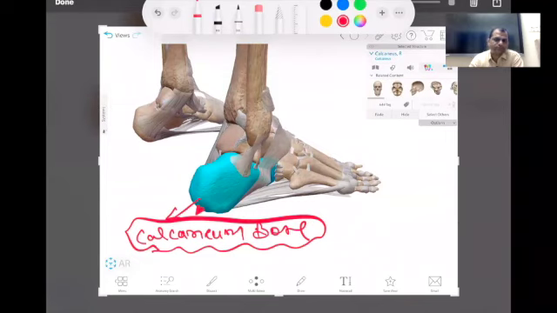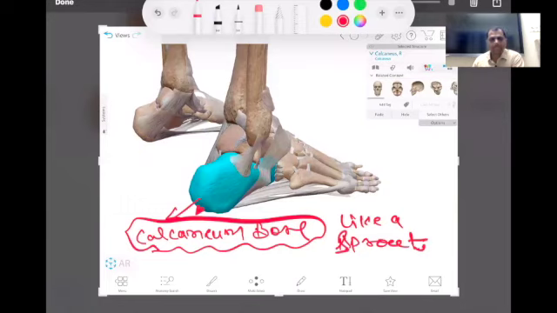In the same way, if there is an unwanted growth like a sprout, we can see the spur in the calcaneum bone. So this is the number one cause of heel pain. Okay.